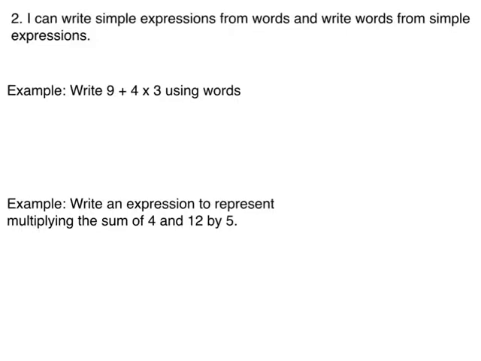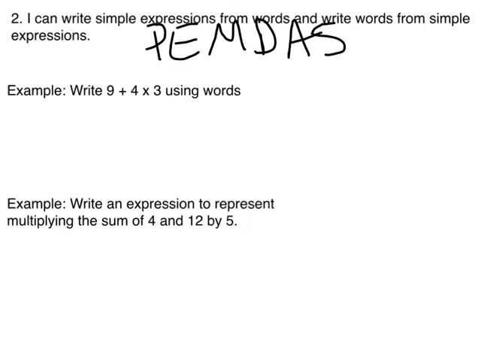Well, we know multiplication comes first because of PEMDAS. I'm going to write that down just to keep us in order there. So because of PEMDAS, we know that multiplication comes first. So you could write this in multiple different types of ways, but I'm just going to write it as this.